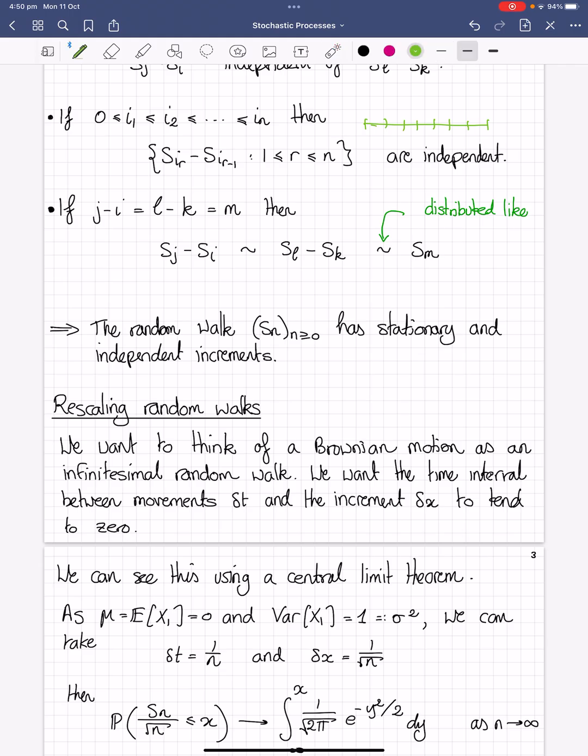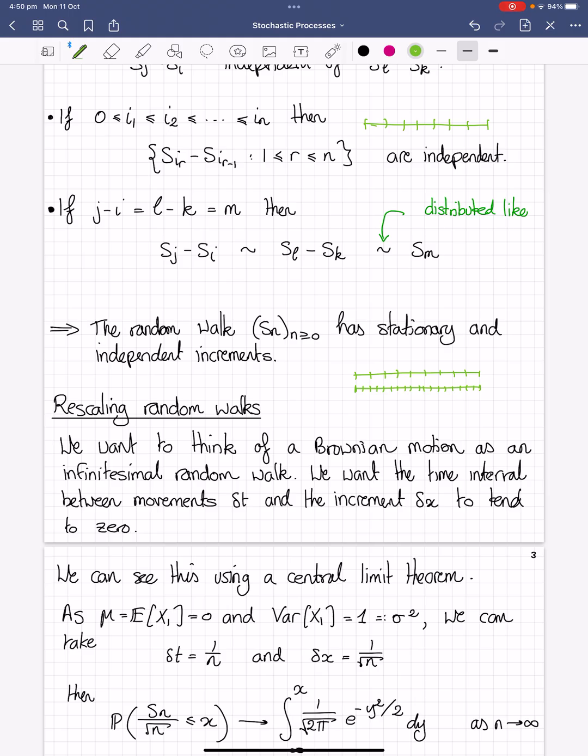We have a random walk taking integer time steps, and then we want to make those time steps smaller over the same long interval, and then even smaller.